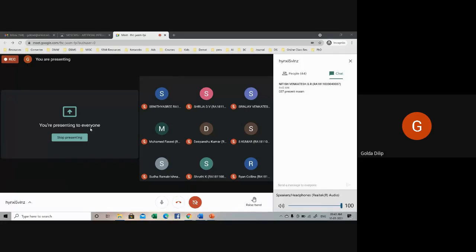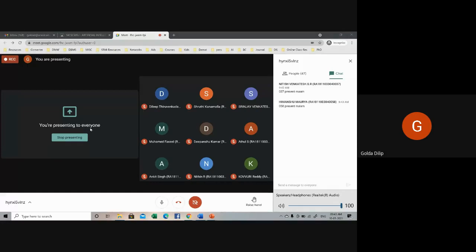Dilip, yes, ma'am. Shruti Kaushik, present, ma'am. Nitin, yes, ma'am. What about Himanshu Kumar? Himanshu is present, noted. Atul is there.